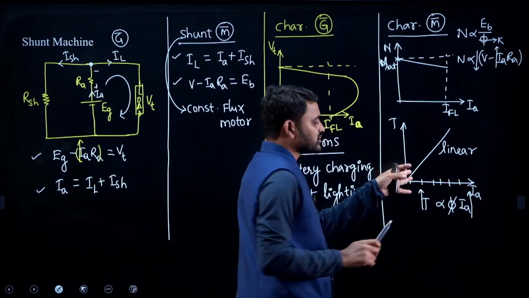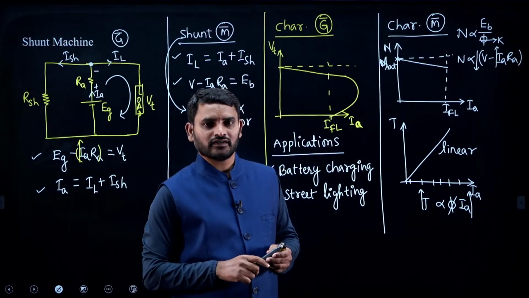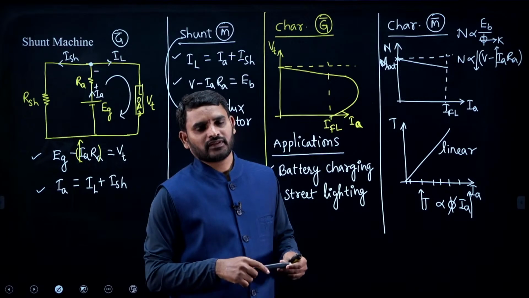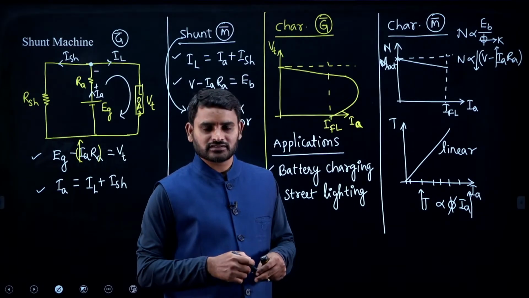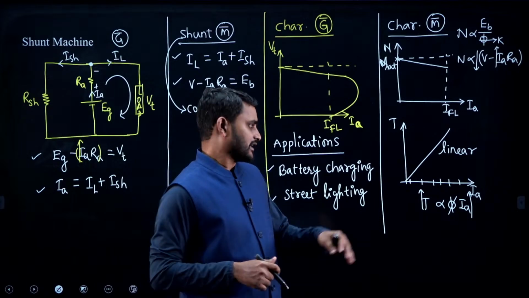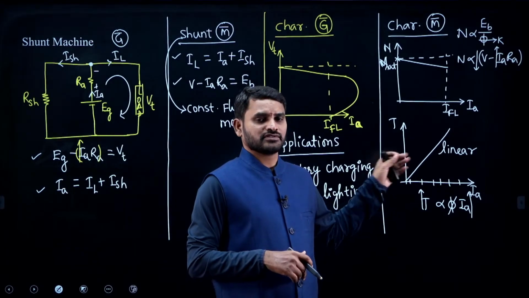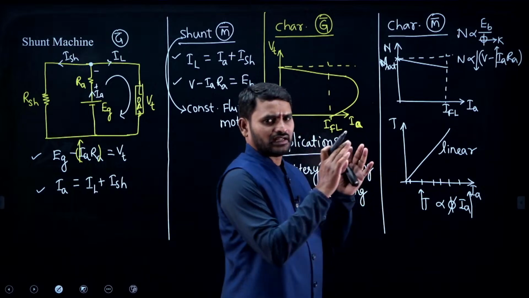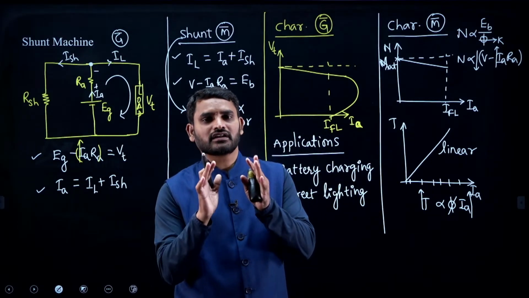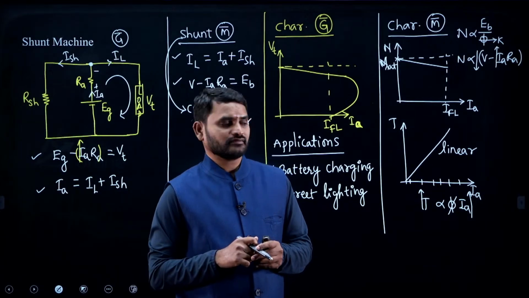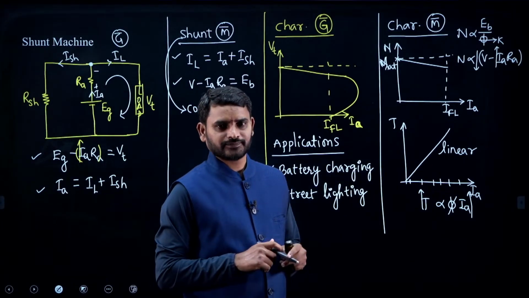So you cannot use this shunt motor for driving a huge amount of loads or bulk loads like cranes or electric locomotives. For that kind of loads you cannot use this motor. Wherever low to moderate torques are required, at that point you can use it.